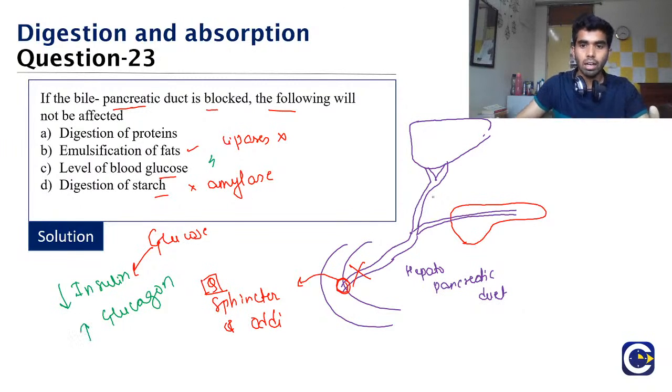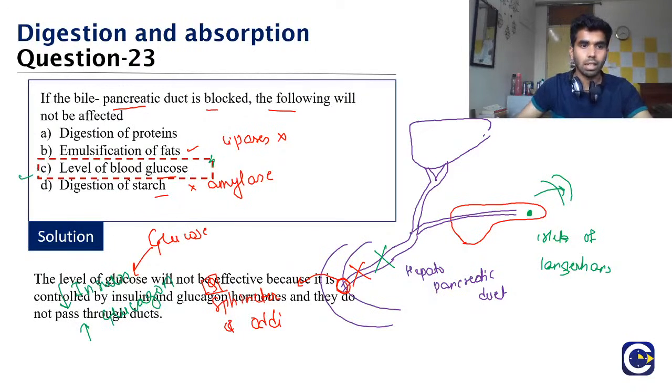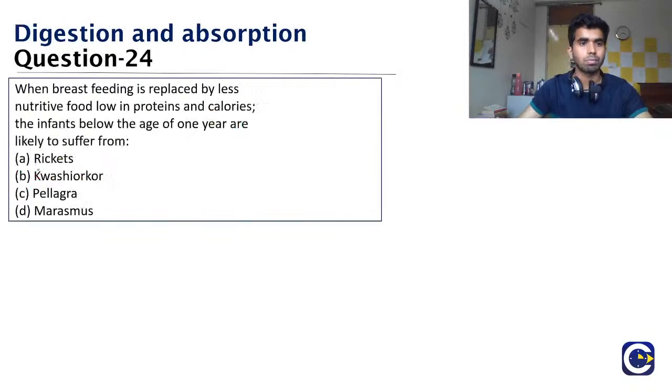They are secreted directly from the islets of Langerhans into the blood, and that is why, even if the duct is blocked, the blood glucose will not be affected. So the correct answer is option C, that is level of blood glucose, as most of you have already answered.